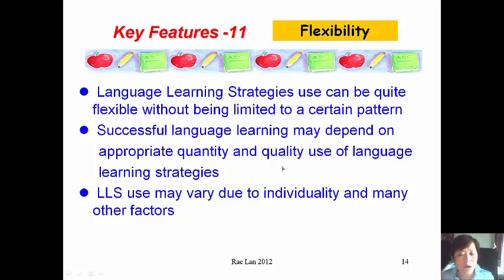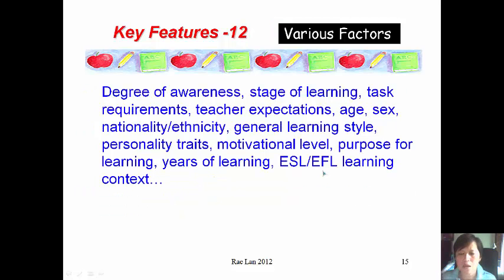And then not only do they use more strategies, they also know how to use different and specific strategies in order to help them achieve different goals. In other words, each individual uses different strategies, and strategy use for different people can be very flexible.